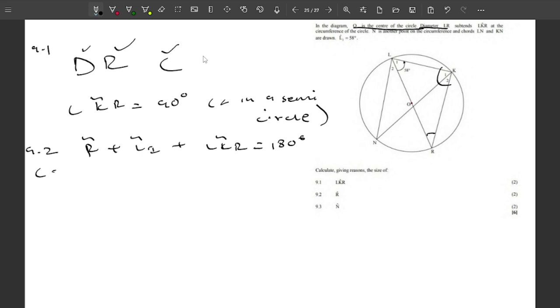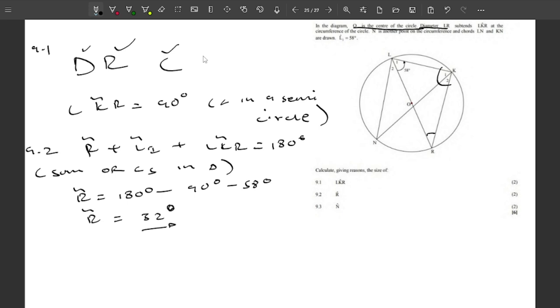Reason: sum of angles in a triangle. Now angle R is going to be 180 degrees minus 90 degrees minus 58 degrees, which, let's punch it quickly in the calculator, is 32 degrees. So angle R is 32 degrees.